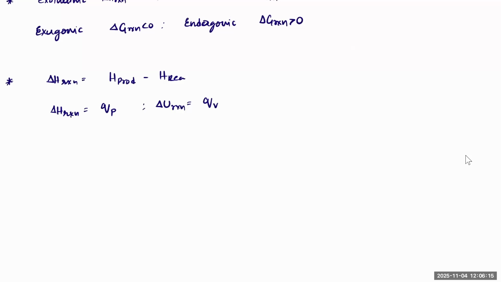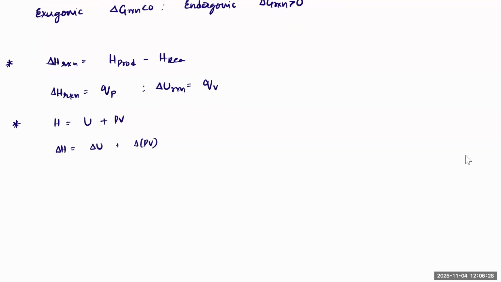Heat released or required, okay? You know that H is equal to U plus PV, which I can write as delta H is equal to delta U plus delta of PV. And for an ideal gas, any change in PV can be associated with delta n g RT at constant temperature.